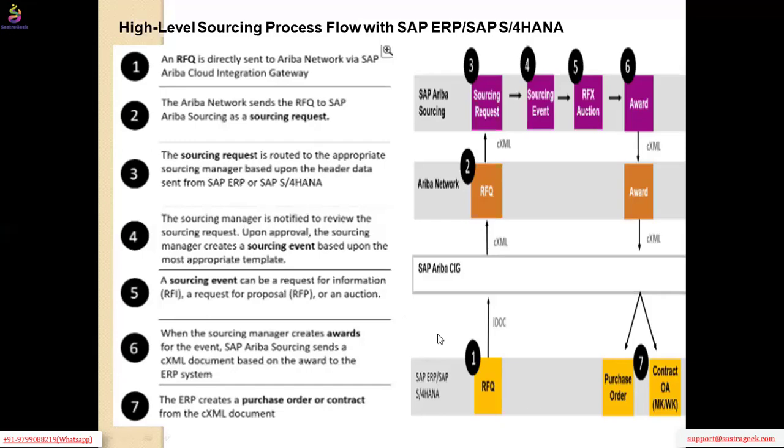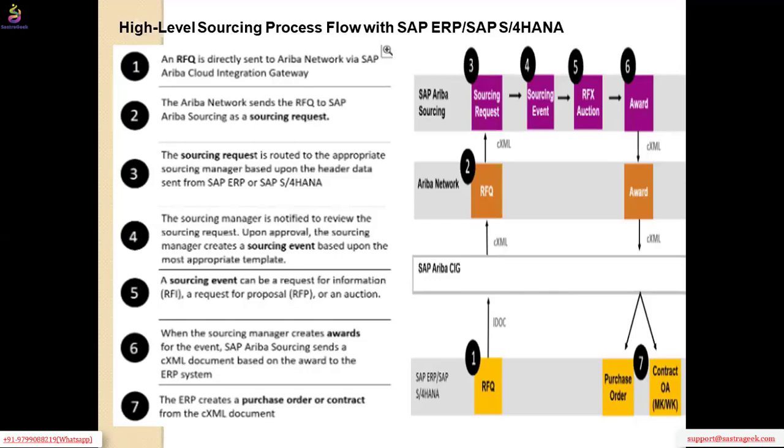In this diagram, the first block represents your SAP S/4HANA system. In the second block we have the Ariba CIG, the Cloud Integration Gateway tool. And in the third block we have the Ariba Network platform.